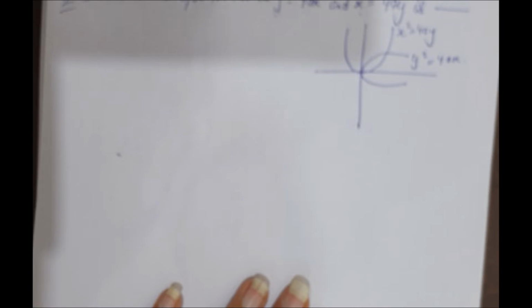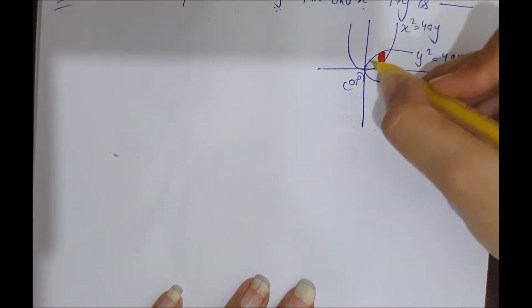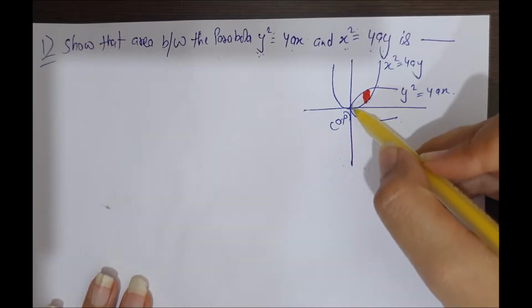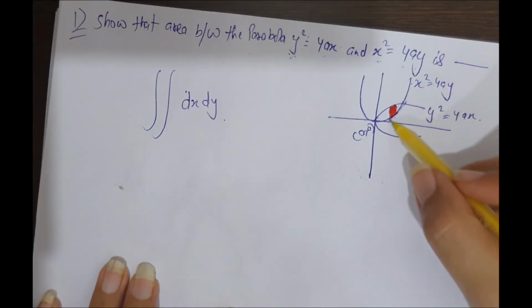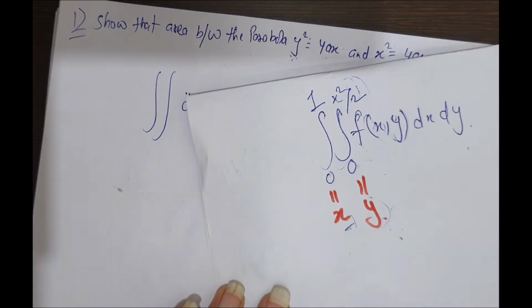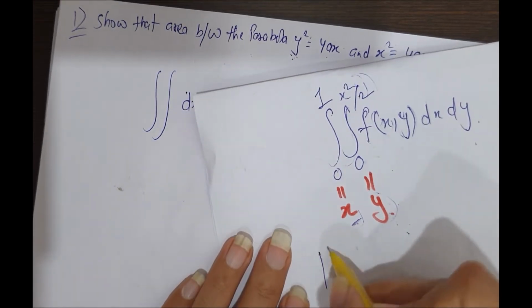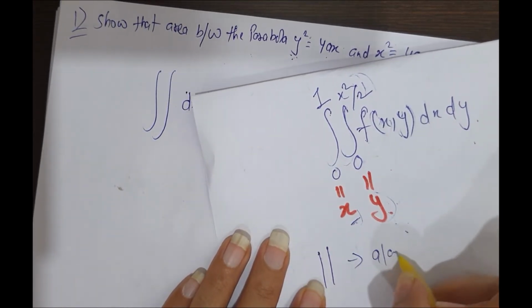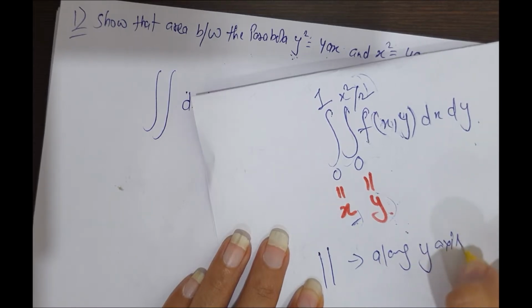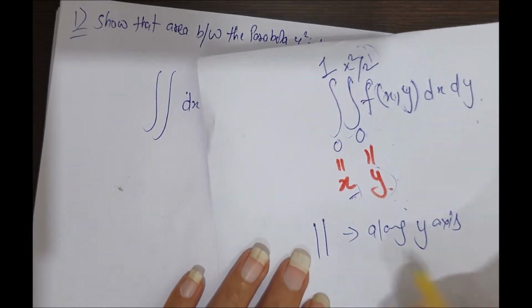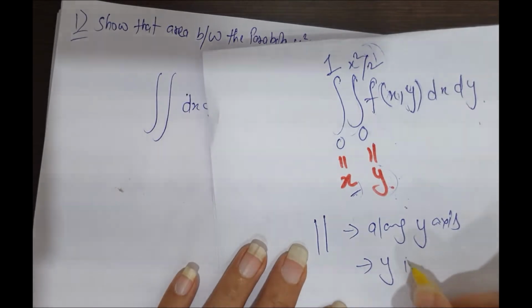To solve this question using change of order of integration, I have taken a vertical strip. A vertical strip means it is along the y-axis, so the limit of y will be variable. If the strip is vertical, it's along the y-axis, and y will be variable.